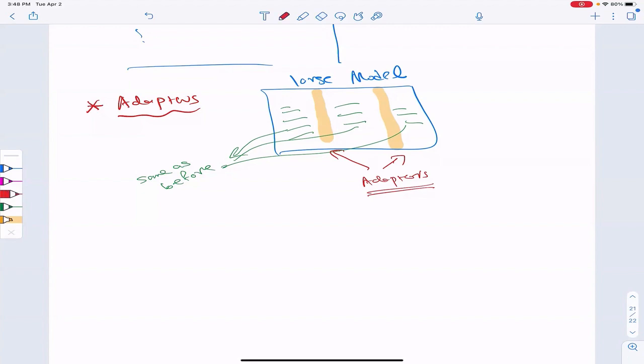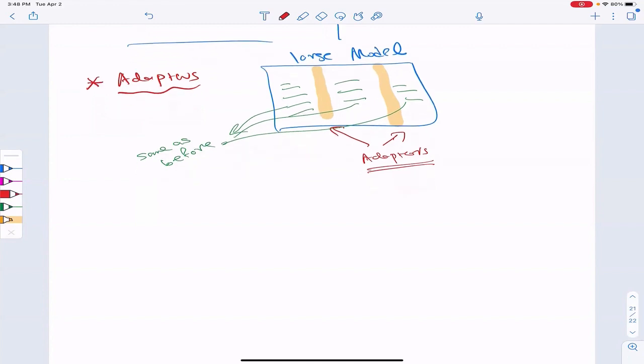There are different implementations of adapters. Obviously, I won't be able to cover all of them, but I'm covering the most successful instance of this family. As I mentioned, it is called LoRA, short for low-rank adaptation.